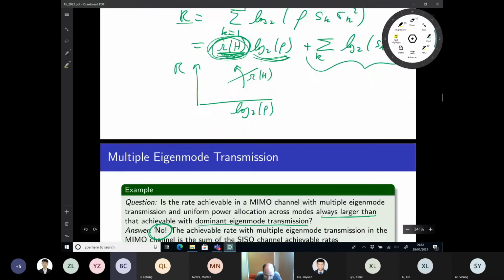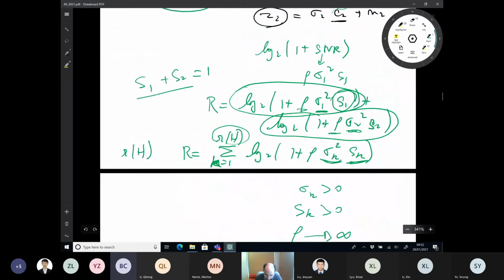Let me give you this example, what we had here, right? Let's imagine that I take S1 is 1/2, and S2 is 1/2, right? So if sigma 2 here is non-zero, but very weak, I allocate some power, but it's very weak. So the rate of that stream will actually be very, very small, right?